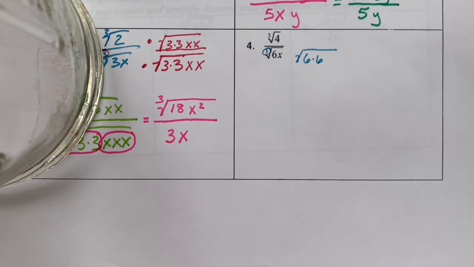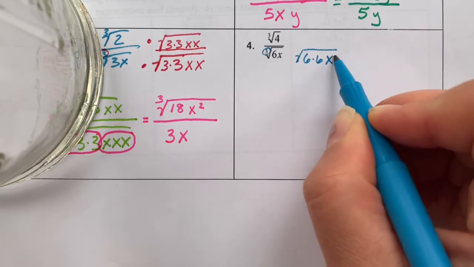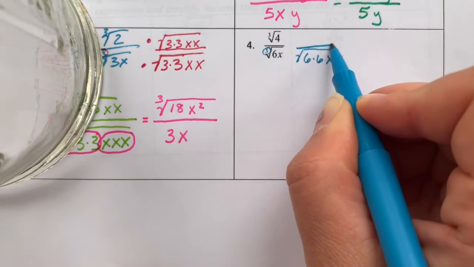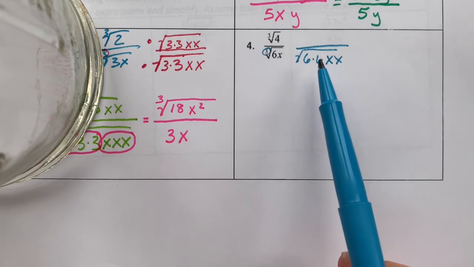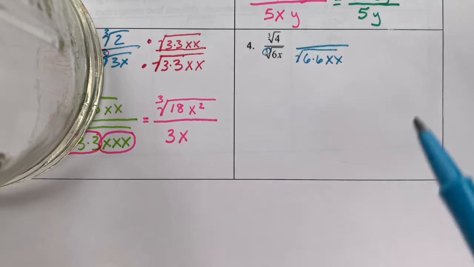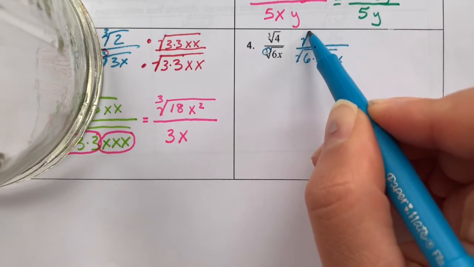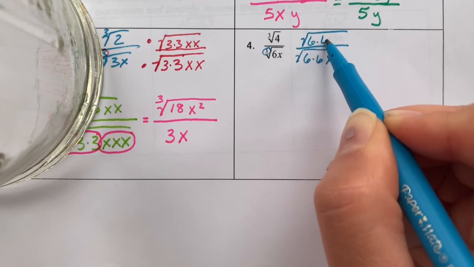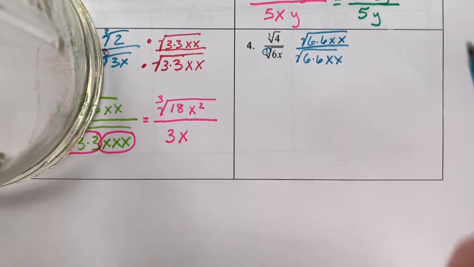How many more do I need? I need 2 more x's. And if I did it to the bottom, then I have to do it to the top. 6 times 6, x, x. All right, so now I'm just going to multiply across the top and multiply across the bottom.